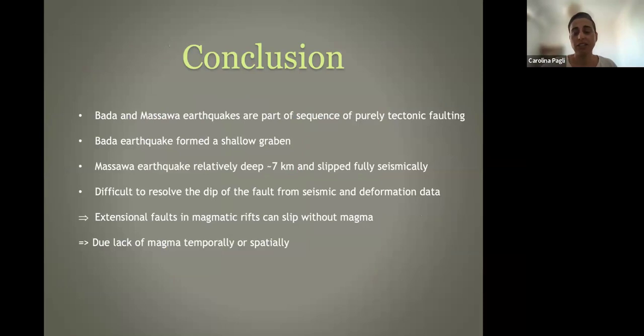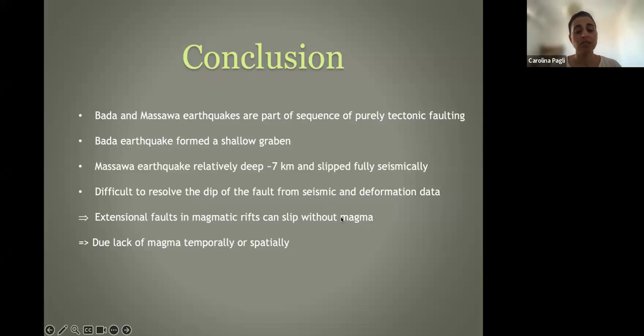Massawa is a relatively deep fault, 7 kilometers, that slipped fully seismically, but based only on the seismic and deformation data, it's difficult to decide which one is the correct one. It could be either, really. But it doesn't really matter whether you prefer a low angle normal fault or a high angle normal fault. The important take home message is that an extensional fault can slip without magma.